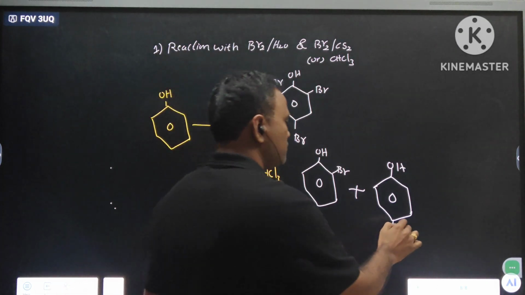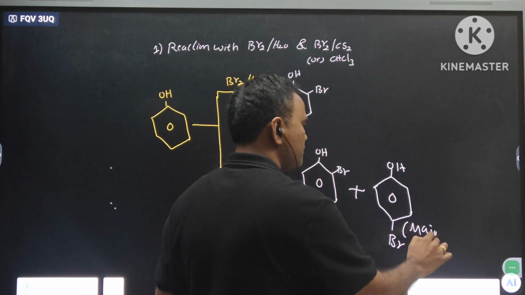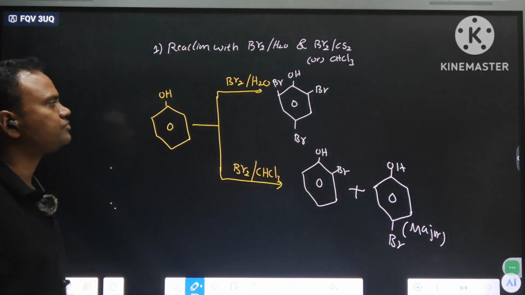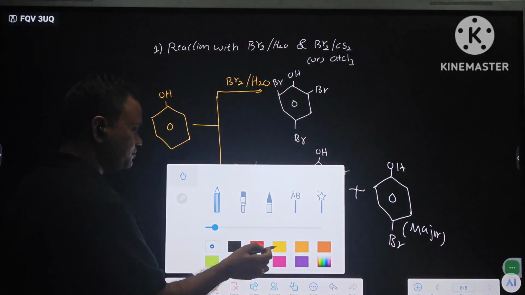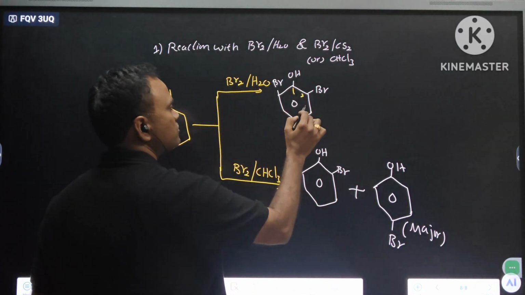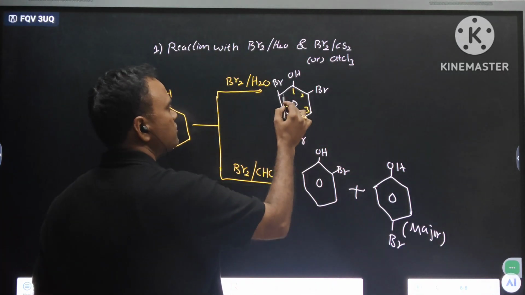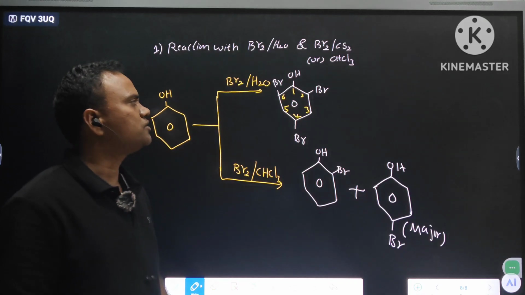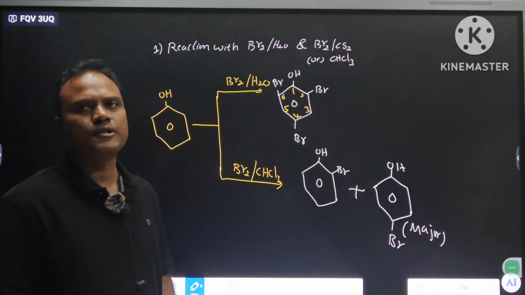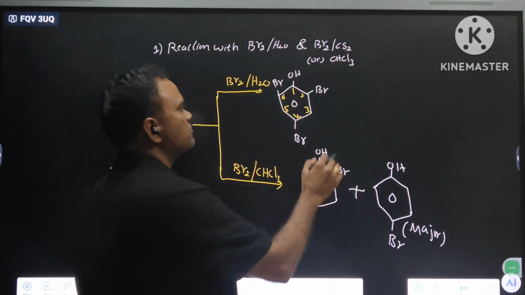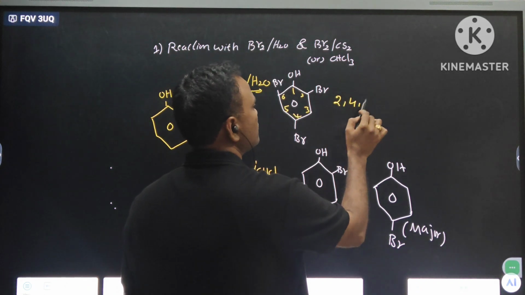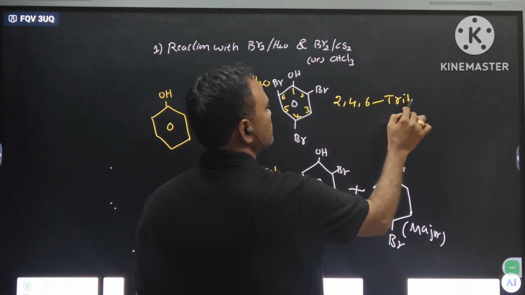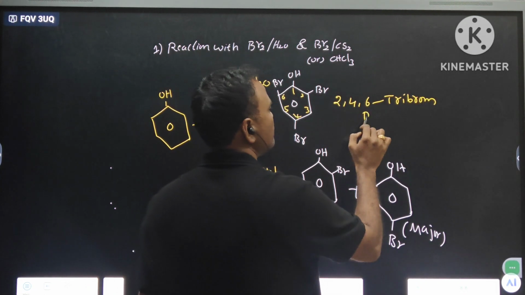This is major actually. Para is the major product. Can you give its name? 1, 2, 3, 4, 5, 6. What is it? 2, 4, 6 tribromophenol.